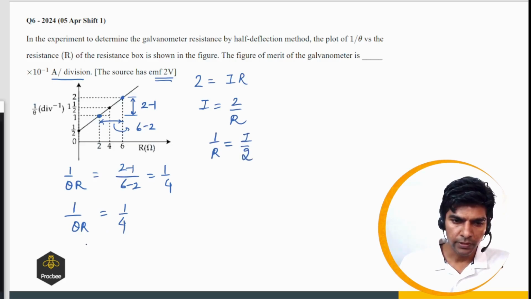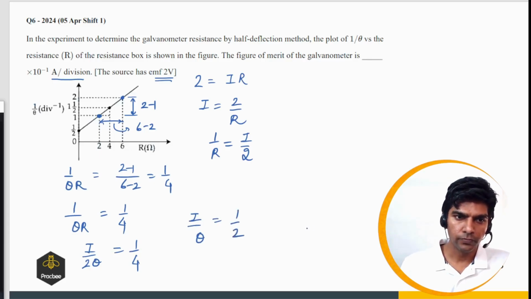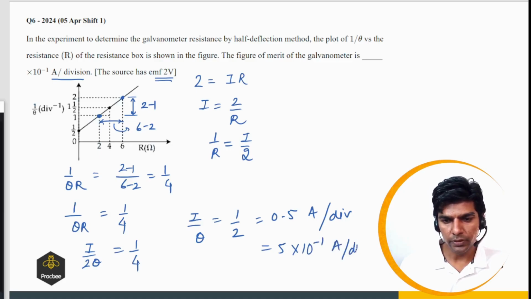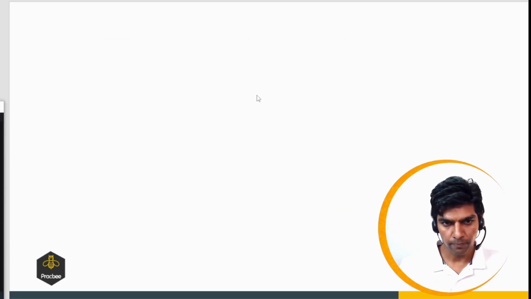So it can be written as I by 2 times theta, that will be 1 by 4, and we have to find I by theta, which will be 1 by 2. So it is 0.5 ampere per division, or we can write this as 5 into 10 raised to power minus 1 ampere per division. Option is not given, we have to fill in the blank, so it comes out to be 5. So 5 is the answer to this question.